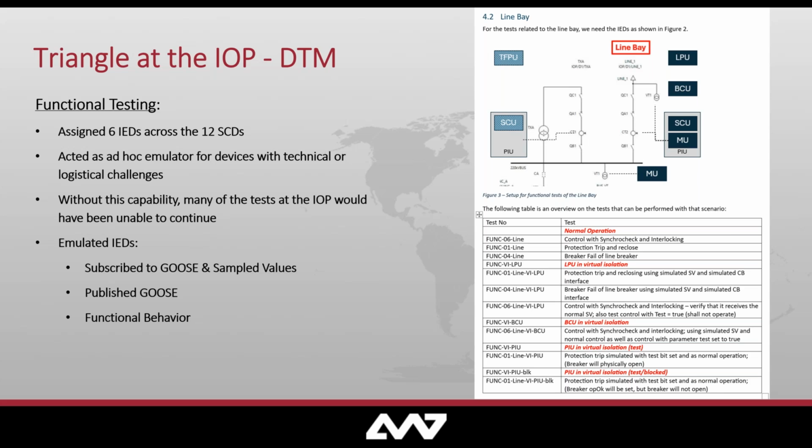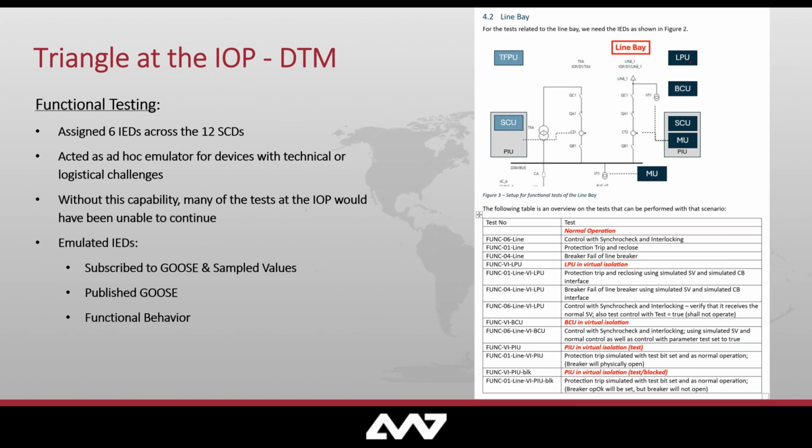So on the right-hand side of this slide, you'll see a diagram illustrating one of the tests. At the top, you'll see the single line diagram specifically of the line bay. And below is a table detailing the various tests for the line bay. These different boxes represent the different IEDs that would be required for maybe one particular test in this line bay.